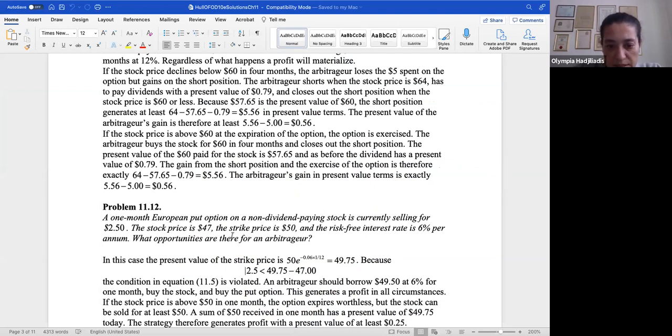So basically 2.5 should be greater than this value on the right-hand side, but it's not.